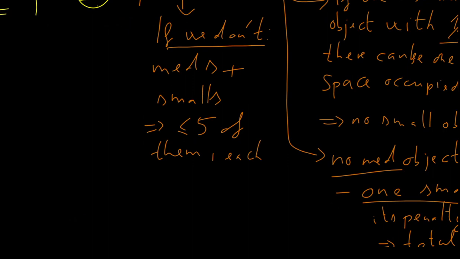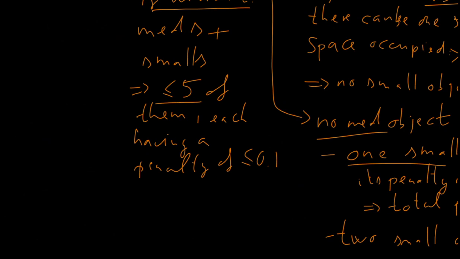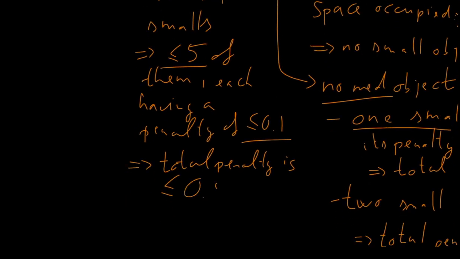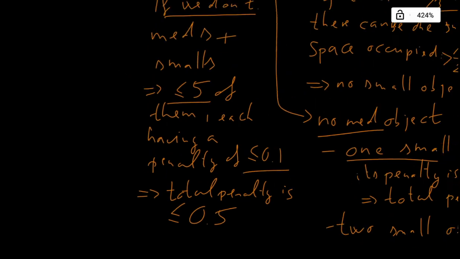So since we have at most 5 objects each having at most 0.1 penalty, the total penalty is at most 5 times 0.1, which is 0.5.